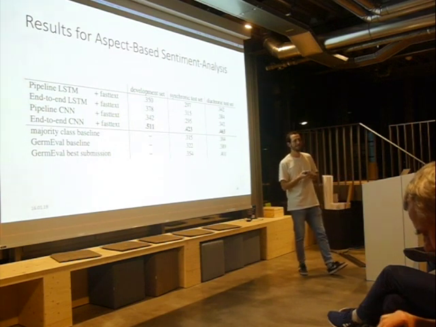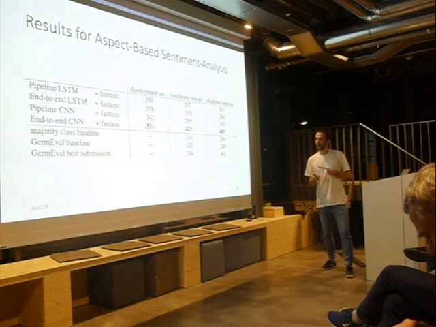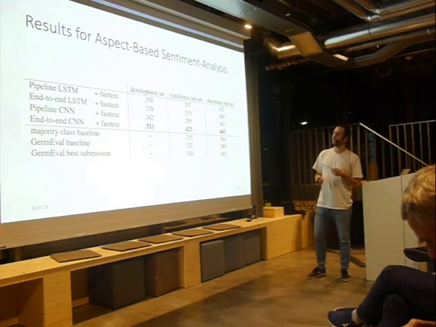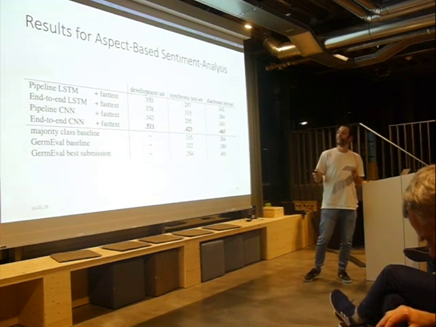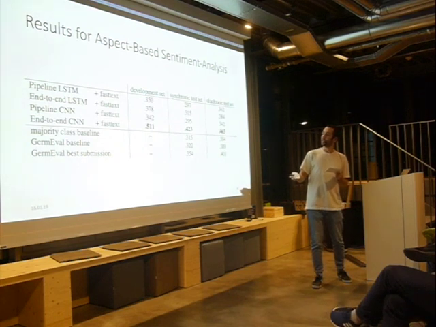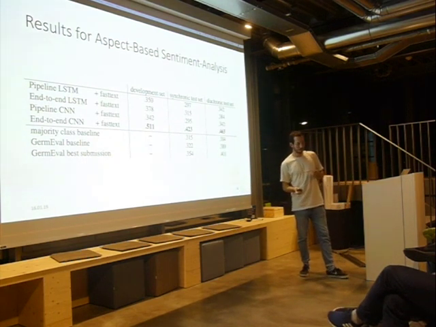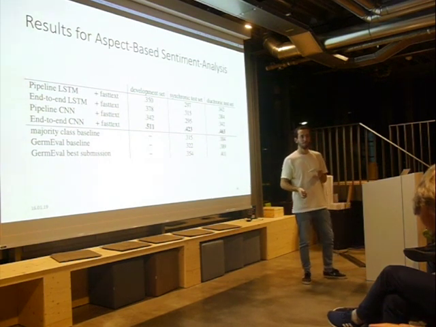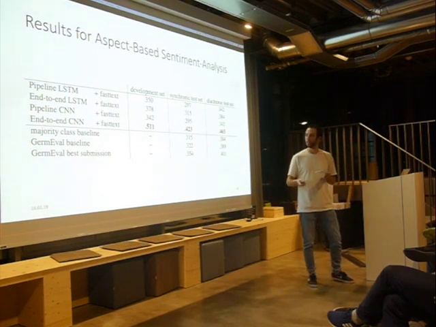To come to the end, I'd like to compare our system with the best submission, the baseline, and the techniques I explained. You can see that both approaches, the recurrent and the convolutional approach, are performing better when they're using the end-to-end structure instead of the pipeline structure.